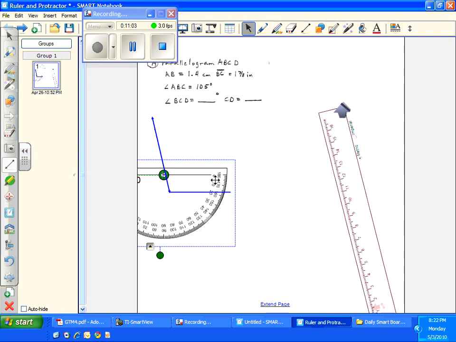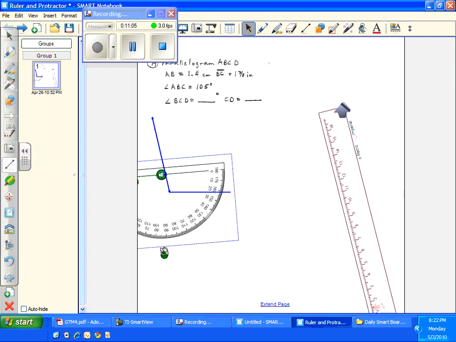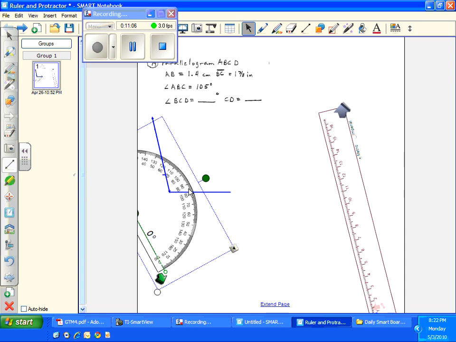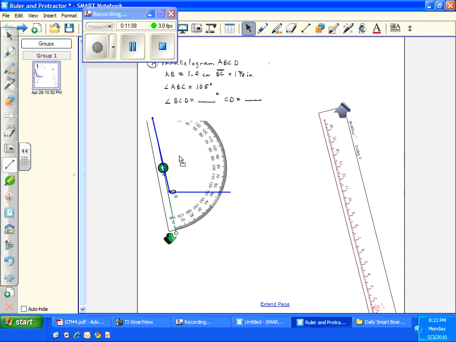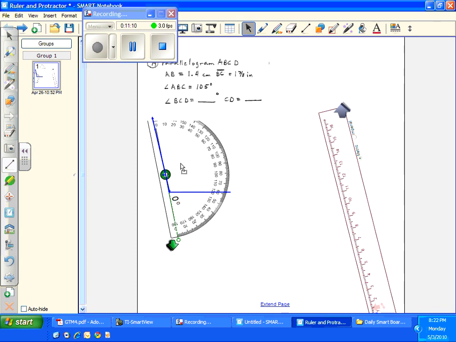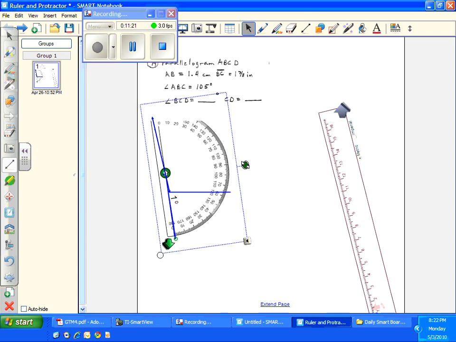Oops. That wasn't very smart, was it? I've got to line it up. There we go. This needs to be lined up with the little line 0. I'm off just a hair here maybe. With my protractor, I've got to try to spin it. This is a little bit challenging, you can see.